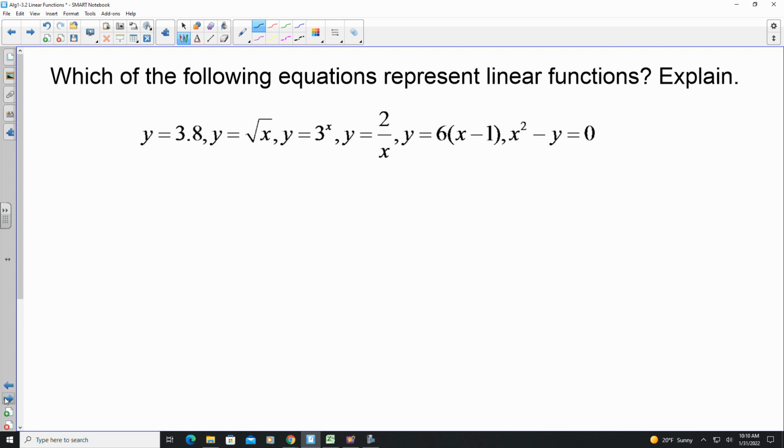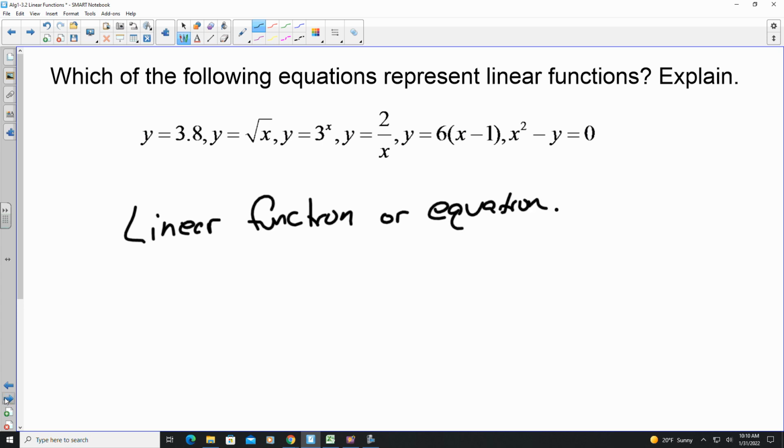So for the most part, anytime we are looking at a linear function or equation, it is going to be represented in what is most commonly known as slope-intercept form. So here y is going to be equal to mx plus b. y is equal to mx plus b.